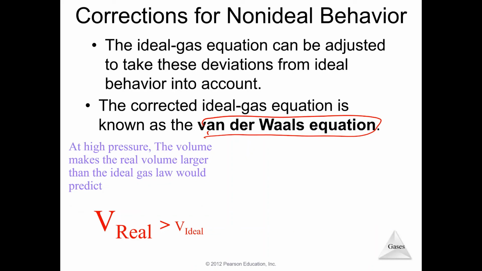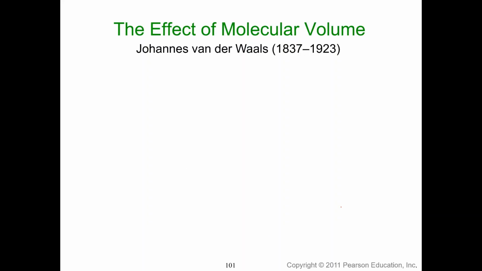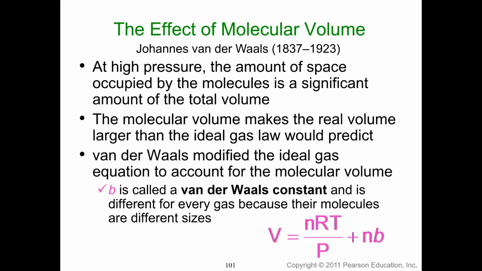Now you look at here, volume real is larger than volume ideal, and the pressure real is less than ideal because of what I just told you. For the volume, you understand now you have to make it larger, taking into account the atomic size.